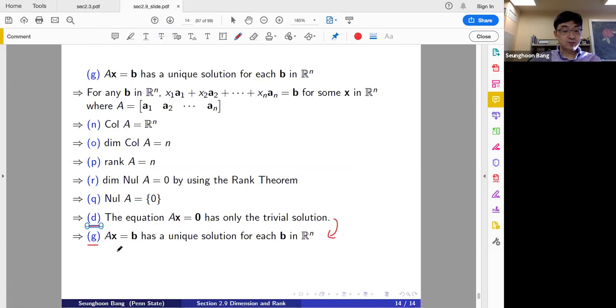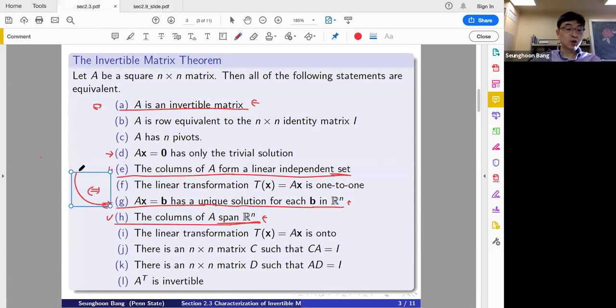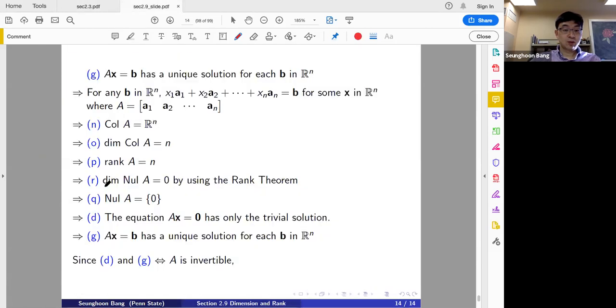D implies G, so D and G are equivalent, and this whole thing is equivalent to A being invertible, right? Going back, G goes back to A. So A is an invertible matrix by using section 2.3. So this is true, and the proof is complete.